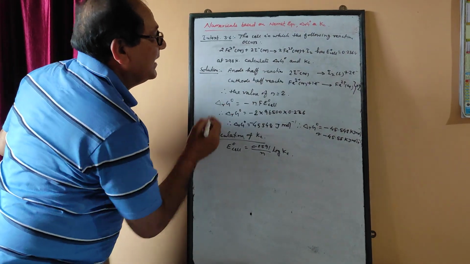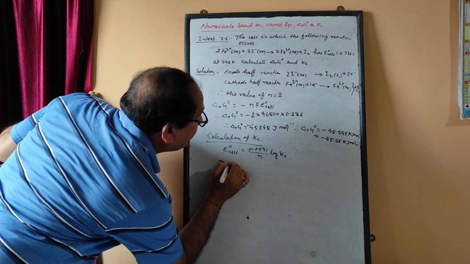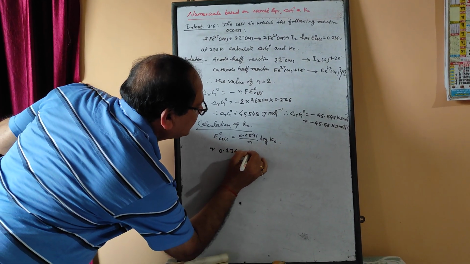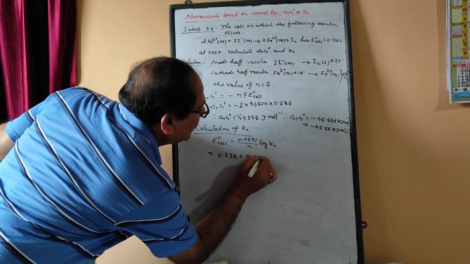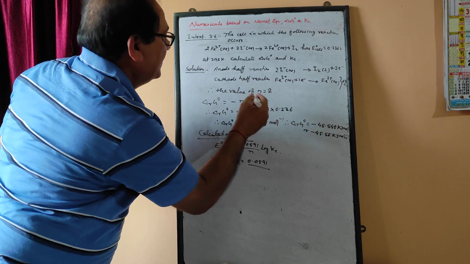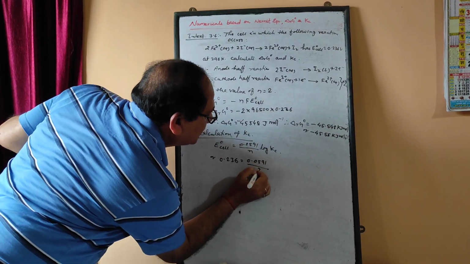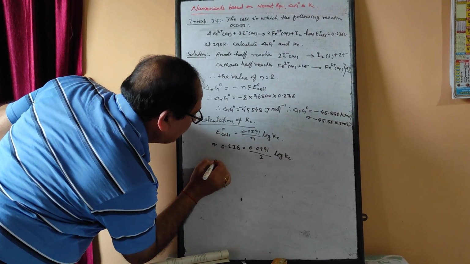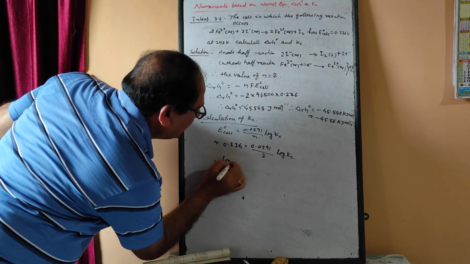Now the E0 cell value is what? 0.236 is equal to 0.0591 by n. The n value is what? 2 log Kc. Therefore, log Kc is equal to what?